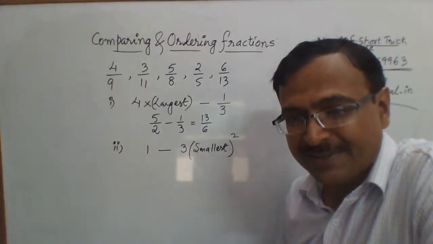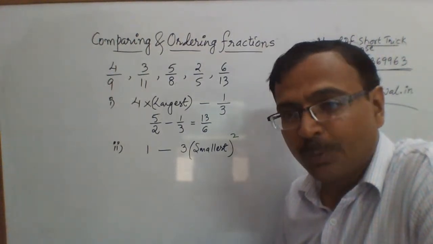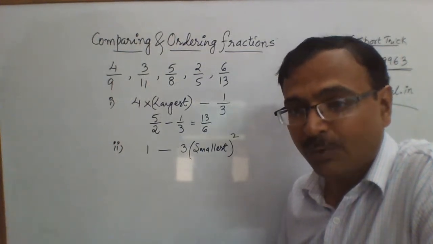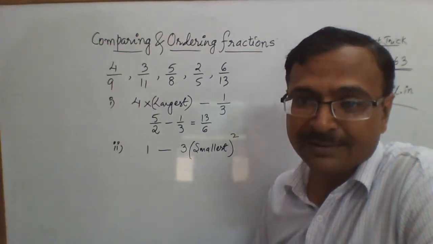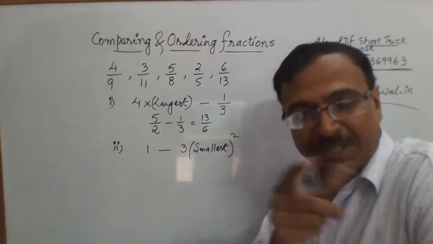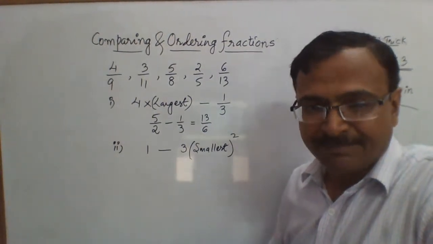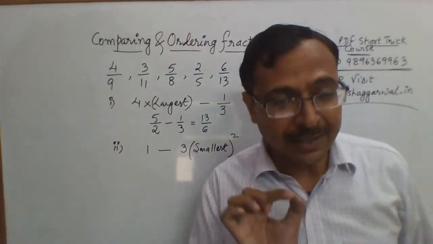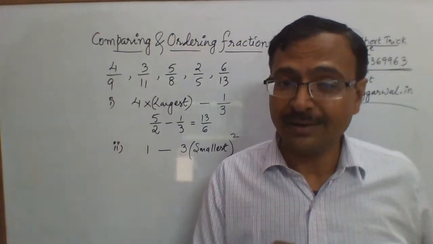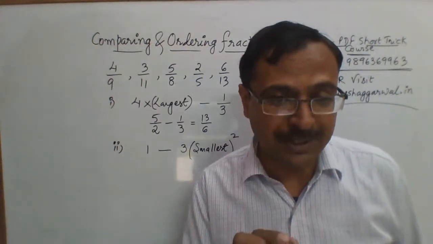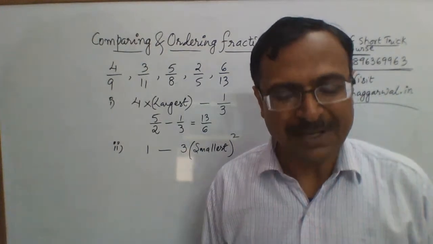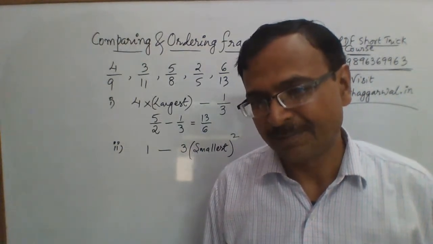See the number of answers, friends, and enjoy. 2 by 3, 13 by 25, 2 by 11, 94 by 121. Oh my God. See, knowing the concept is just one thing. Getting to the correct answer by using a minimum time and minimum energy, that is another thing.